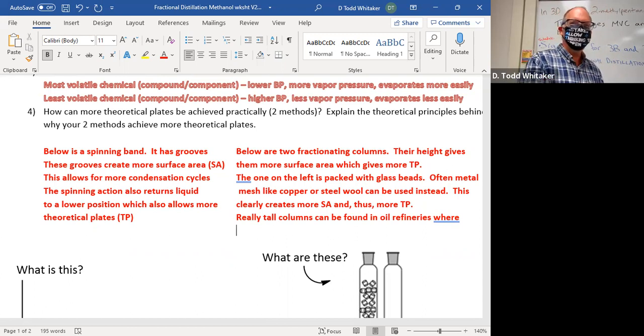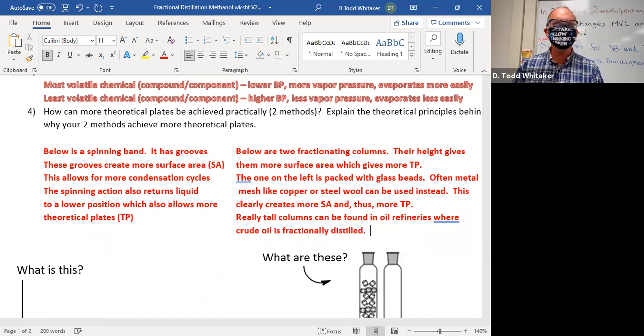They get it out of the ground and it's impure. What's the word for impure in chemistry? Crude. I love the way she said that. Yes. Really tall columns can be found in oil refineries where crude oil is fractionally distilled.